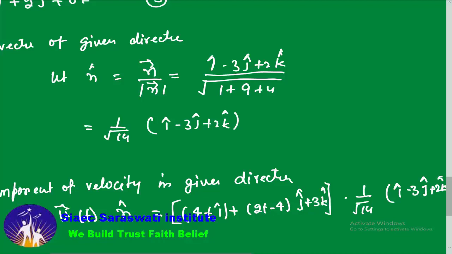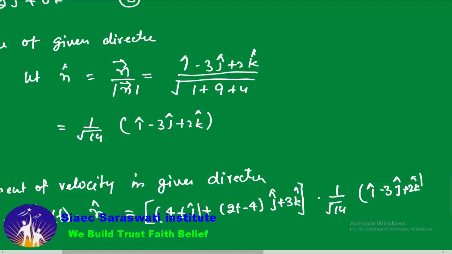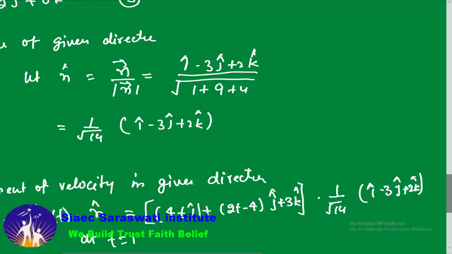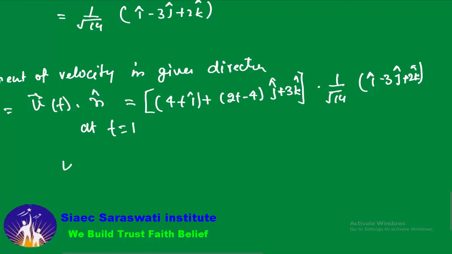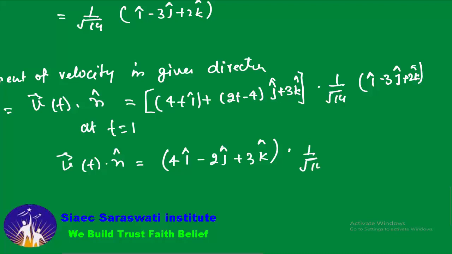Now at t equal to 1 second, vector v dot n cap will be equal to (4i minus 2j plus 3k), this is the velocity vector at time t equal to 1 second, dotted with 1 upon root 14 times (i minus 3j plus 2k).